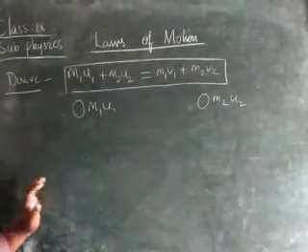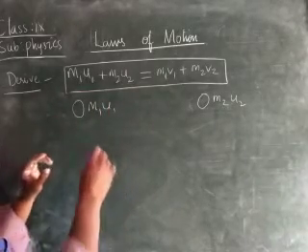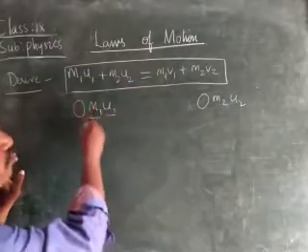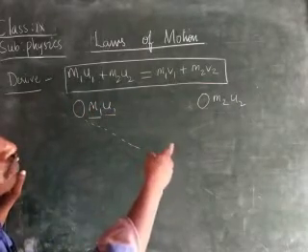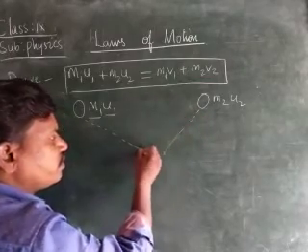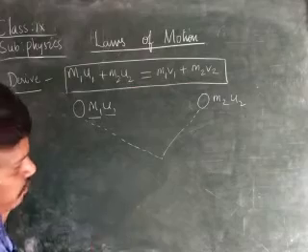That means a body with mass m1 is moving with velocity u1, and the body with mass m2 having velocity u2 is also moving.